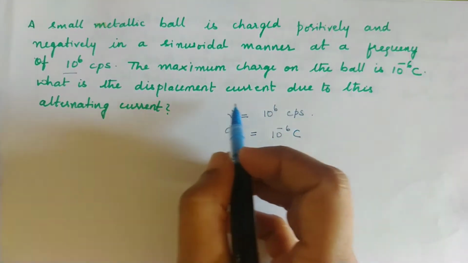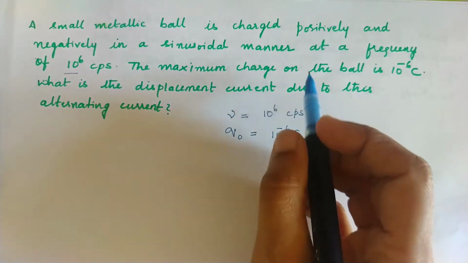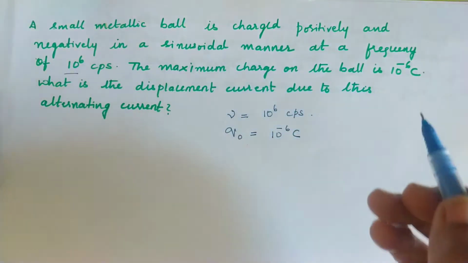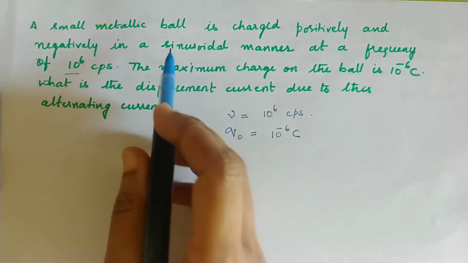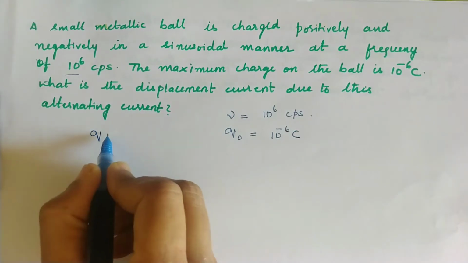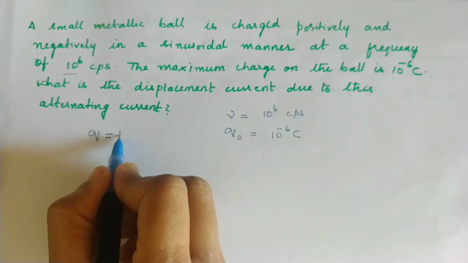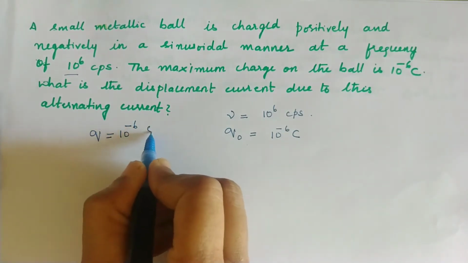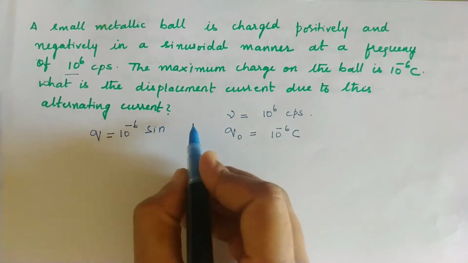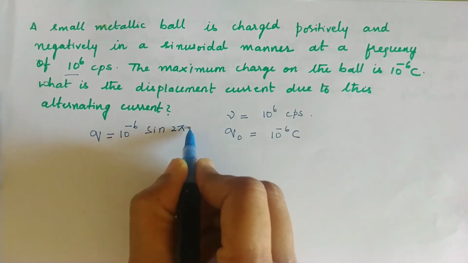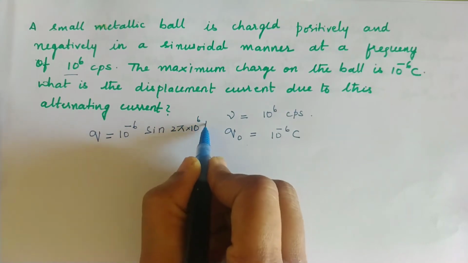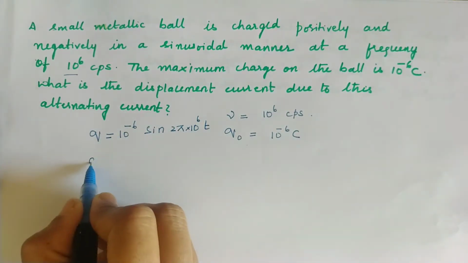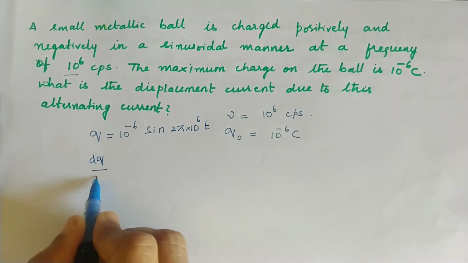Again, they are asking you to determine the displacement current. So previously we already have an equation written in sinusoidal form. Now you have to frame the relation. Q is equal to Q naught, 10 to the power minus 6, sine omega t. Omega we can write as 2 pi into 10 power 6 into t. Now differentiate the relation to get the displacement current.